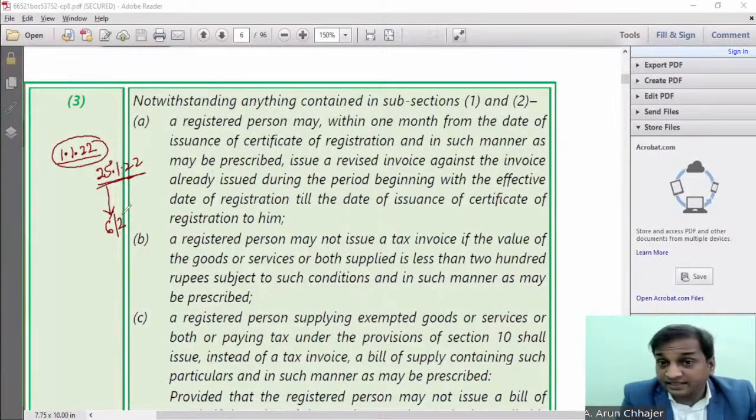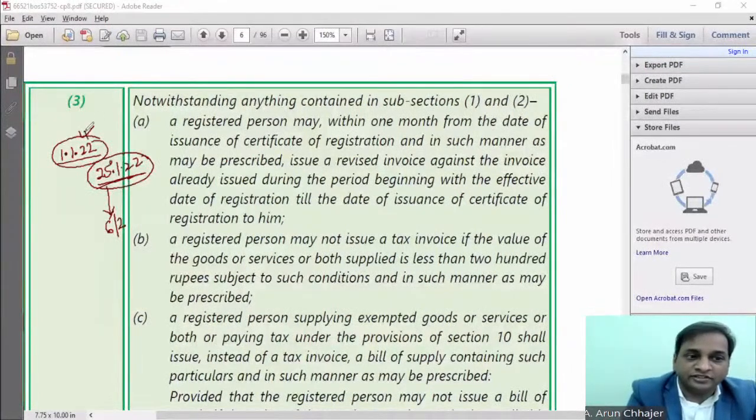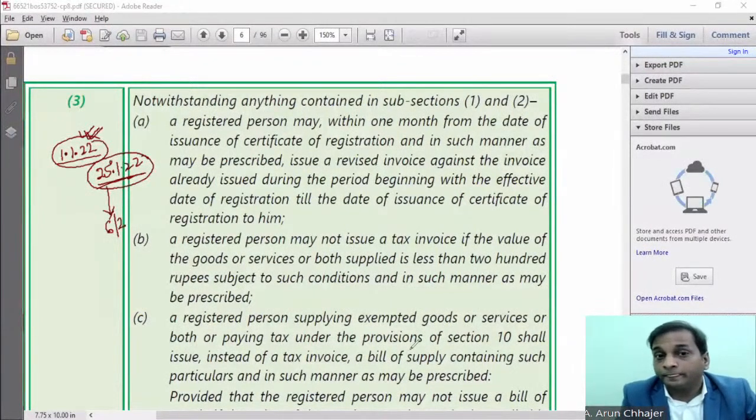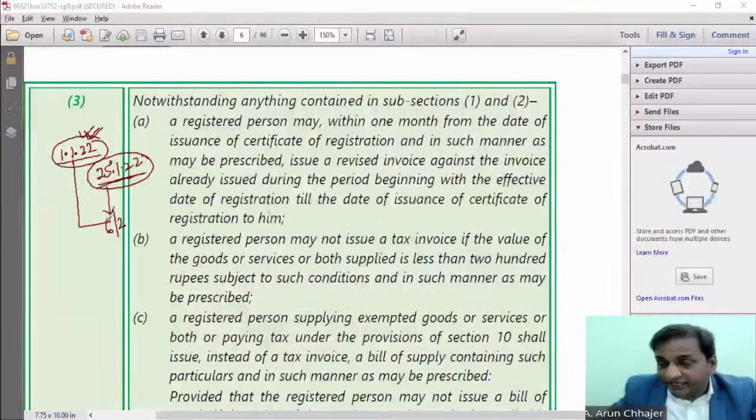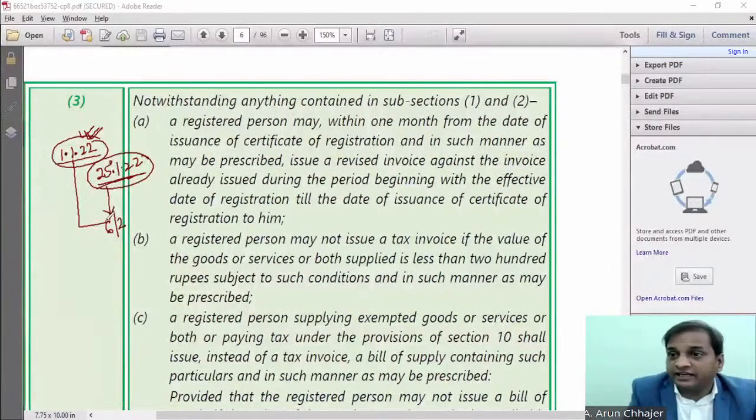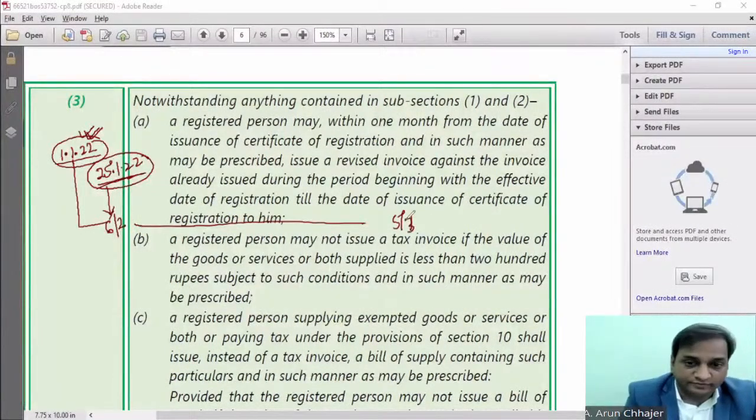I hope the example is clear. If I have made the application within 30 days, the effective date of the registration would be 1st Jan 2022. And from this date to this date, whatever invoice I have issued, whatever tax I have collected, for all those transactions, I can issue the revised invoice within 1 month from 6th Feb to 5th March.